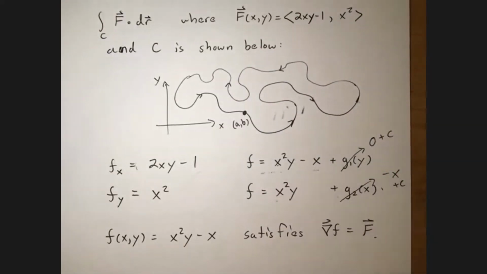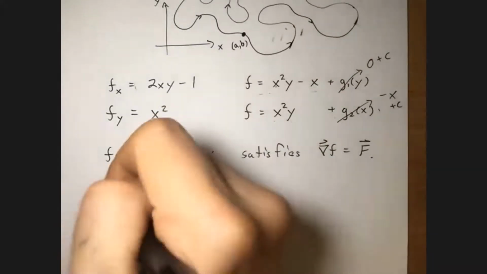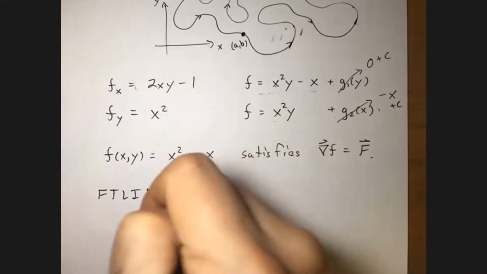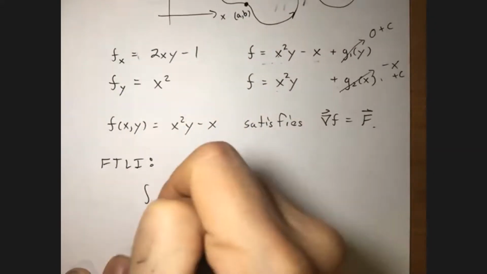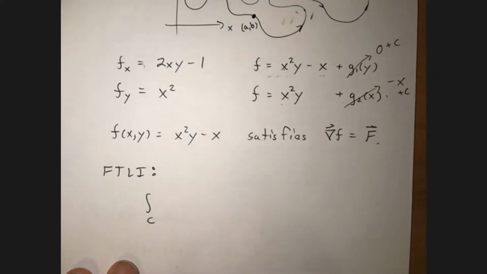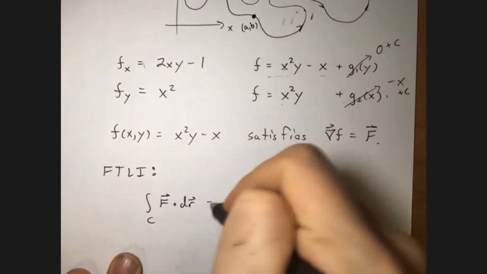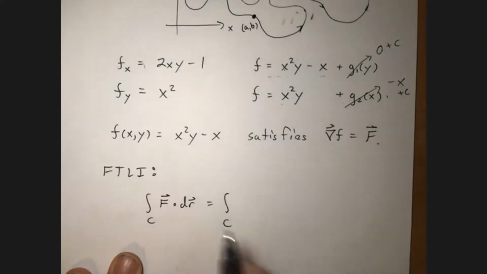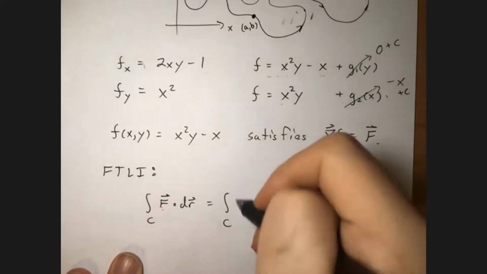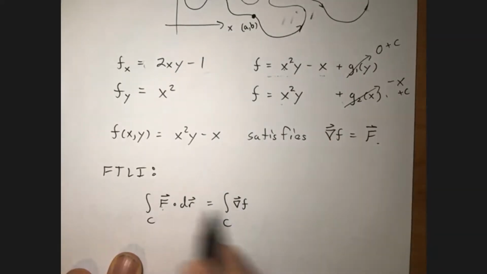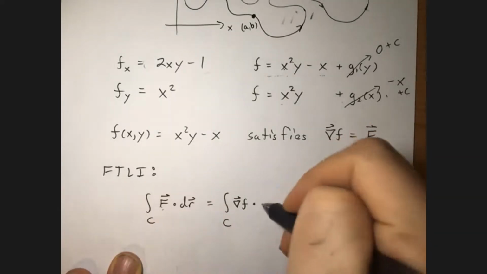Now, what does the fundamental theorem for line integrals say? It says that the integral along this curve of F dot dr is the same as, well, what we discovered was that capital F is the gradient of this little f.